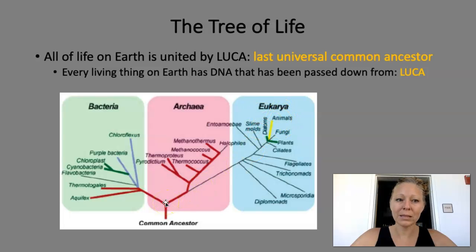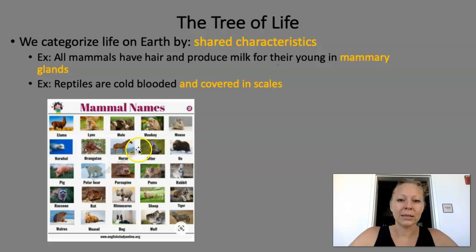But let's not jump ahead. Let's talk about how we organize life. We organize life by putting organisms into categories with shared characteristics. For example, everything that produces milk, has mammary glands, and has hair, we call mammals.